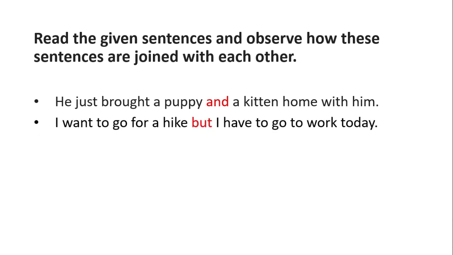I want to go for a hike, but I have to go to work today. The two sentences, I want to go for a hike and I have to go to work today, both are joined by the word but.